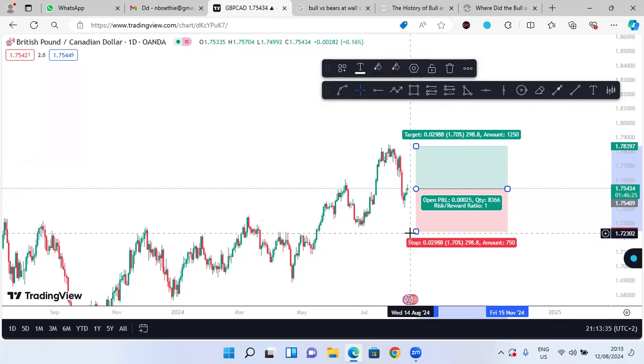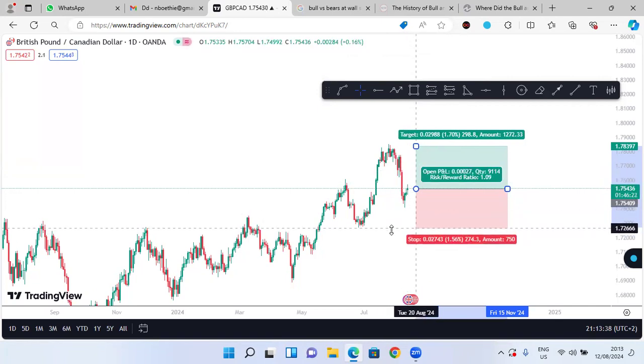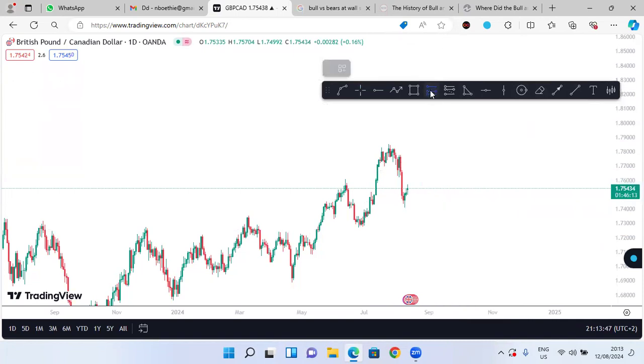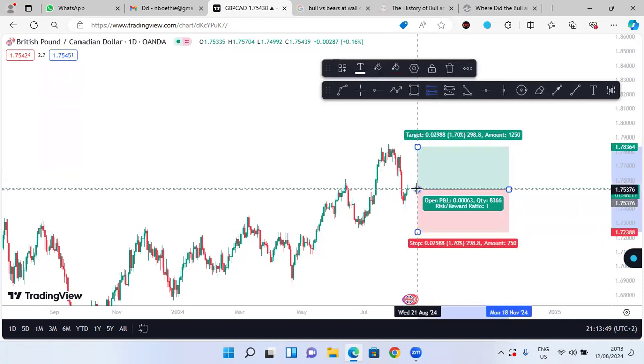Meaning, if you buy now and set your stop loss here, when you use this tool, the risk to reward ratio by default is 1-to-1. If you check here, it's written risk reward ratio, it's a 1. Meaning, if you buy here and set your stop loss here, you're going to lose $10. If you make profit, you're going to make $10. So that is a risk to reward ratio of 1-to-1.